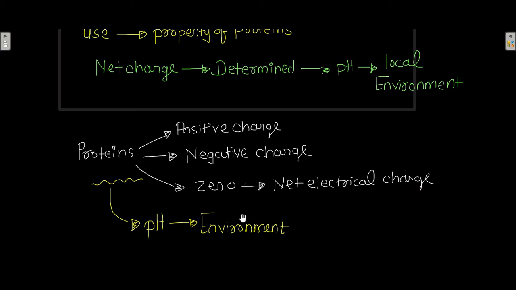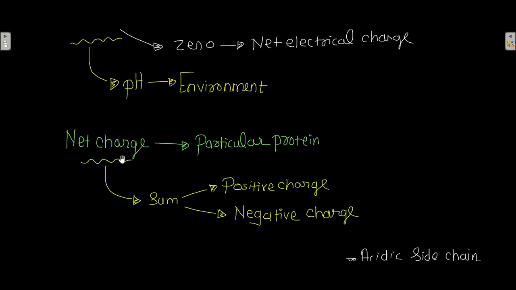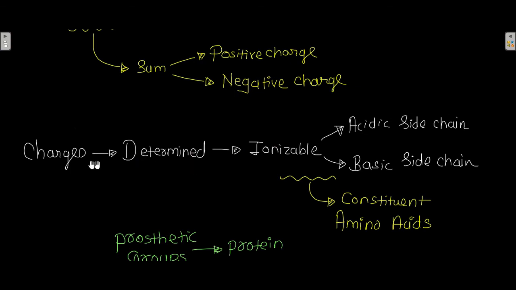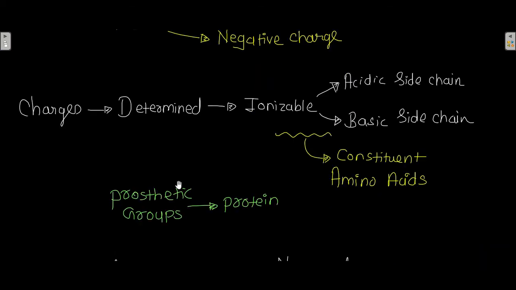Okay, so the net charge on a particular protein is the sum of the positive charges and negative charges present on that protein. The charges on a protein are determined by the ionizable groups. The ionizable acidic side chains and ionizable basic side chains of the amino acids determine the charge on that protein, and the prosthetic group of a protein also determines the charge on it.